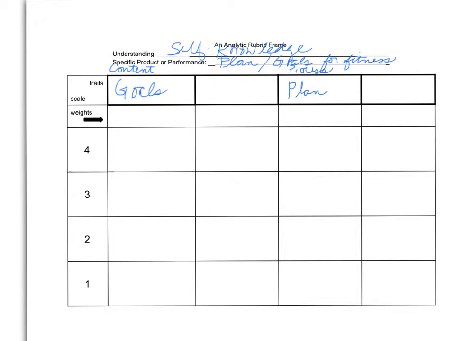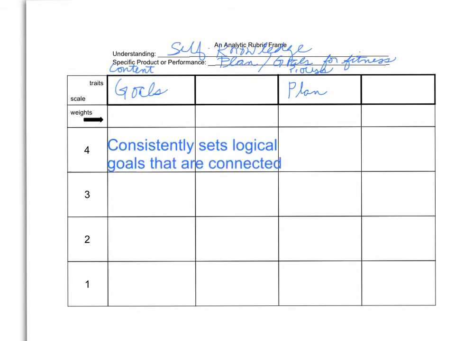Okay, so let's see. I'm going to say consistently sets logical goals that are connected appropriately, if I can type, to fitnessgram data. I'm using some of those traits that I've found in my previous brainstorming.